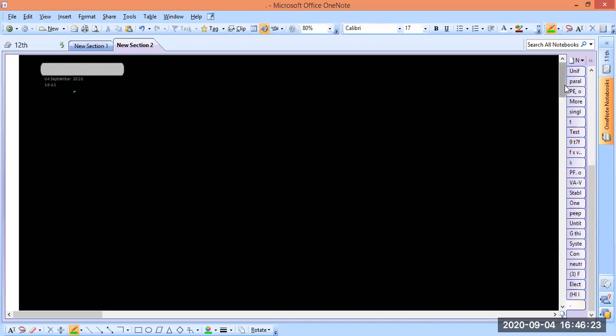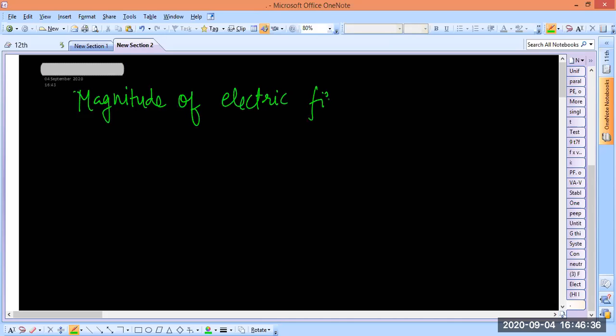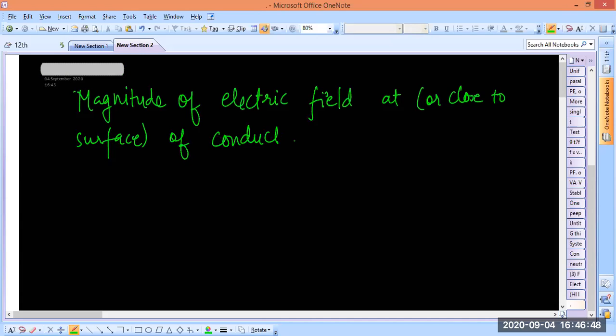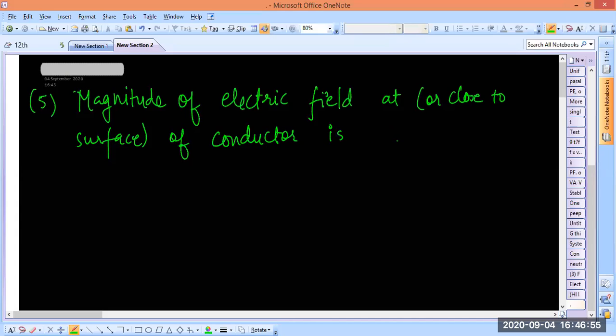The next property is about the magnitude of electric field at or close to the surface of the conductor. That's this next property. I think it's number 5, is sigma by epsilon 0.